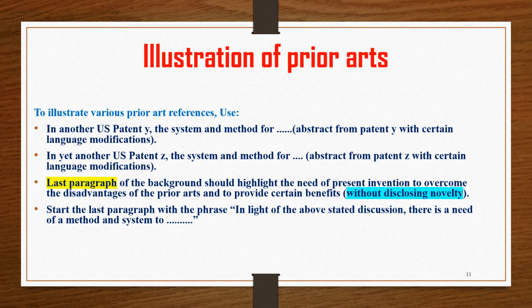Just listen carefully. The last paragraph should highlight the need of the present invention, and this also without disclosing the novelty. That means the objective should be highlighted, but that too without disclosing the novelty part.